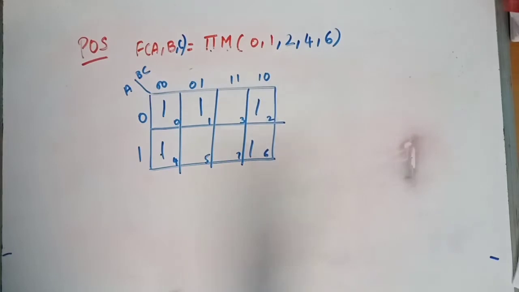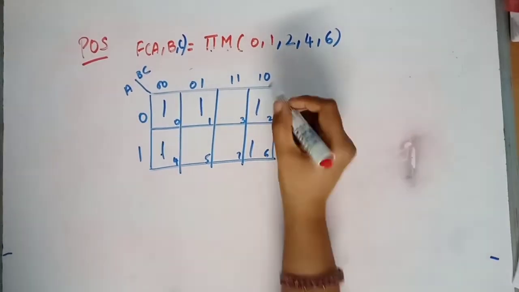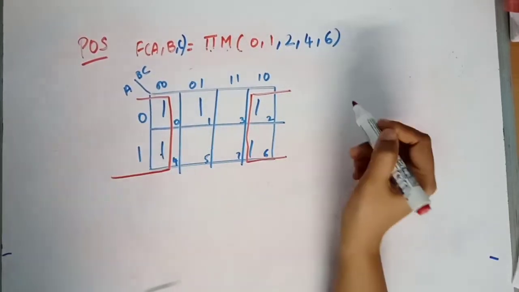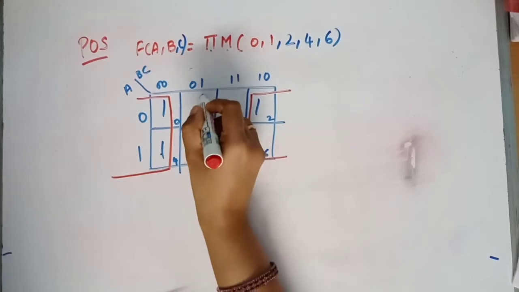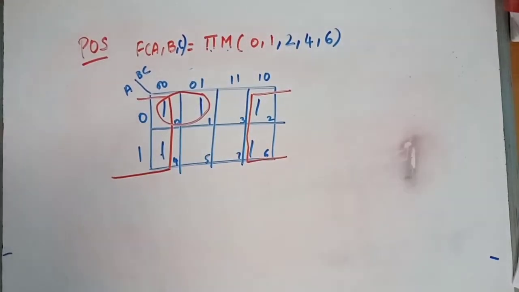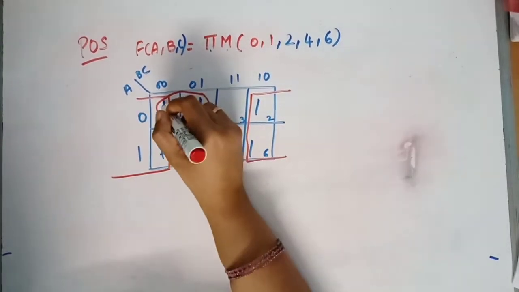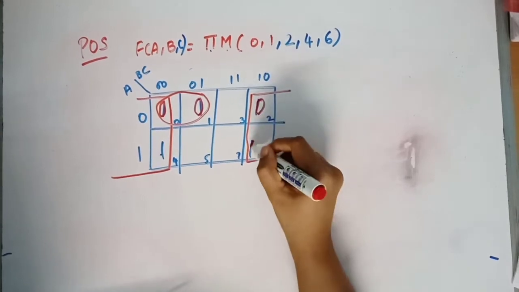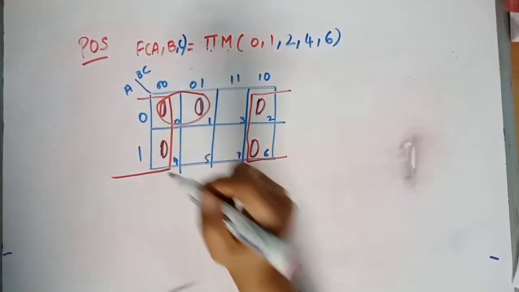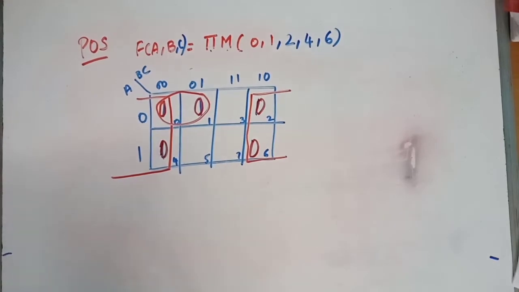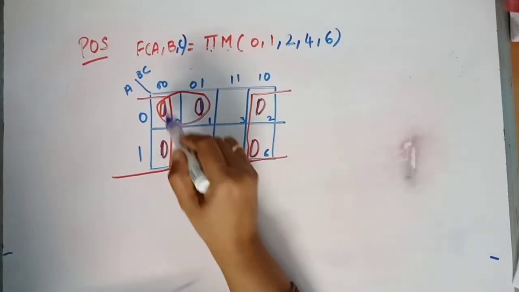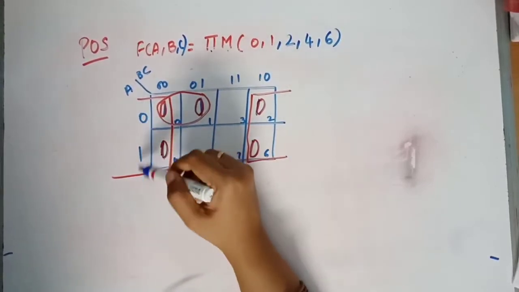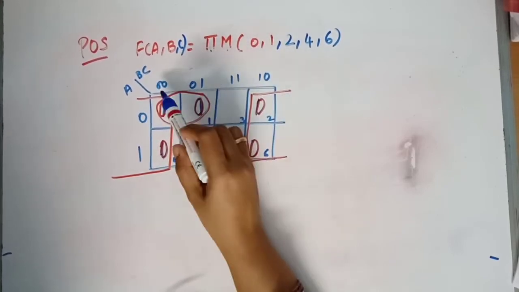So these 4 ones we can group it by folding. This one you can group like this. Sorry, these are all zeros. It is POS, so you'll be marking it as zeros. So these 4 zeros, how will you take? No, A is not common, only C is common.